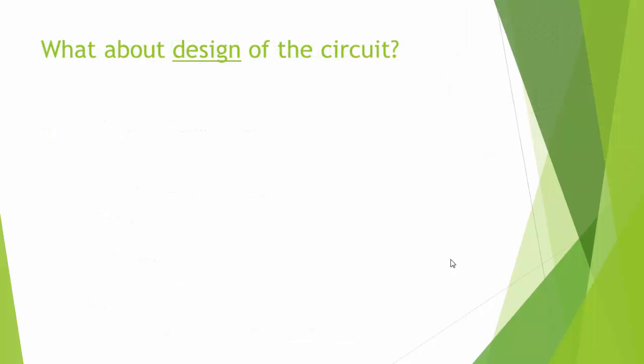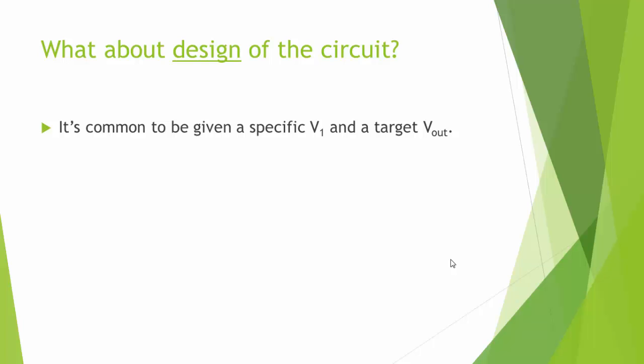Okay, now we might ask ourselves, it's great to be able to calculate the output voltage if somebody hands us a circuit. What about if we had to design that voltage divider circuit ourselves? This is a very common thing, to have a specific V1, for example, a robot that has a 24-volt battery, and a target Vout for a sensor or something like this.